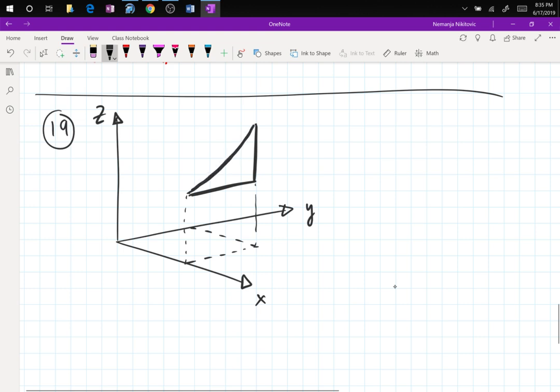This is a curve. So this is like a skateboard ramp. This point over here is 1. This point over here is 1. This point over here is ln 2.